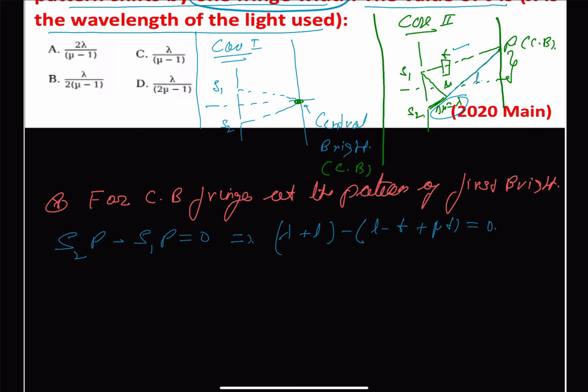And now we can simply open the bracket. We get lambda plus L minus L, plus T minus mu T is equal to 0. And here L and L cancel out, so we get lambda is equal to T times mu minus 1, and we need to find T, so T is equal to lambda upon mu minus 1.